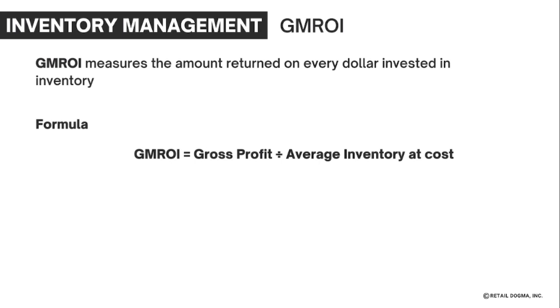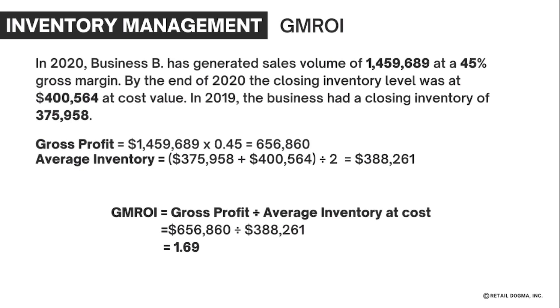So let's apply this formula to the same example we used previously. We mentioned that in 2020, Business B generated sales volume of 1,459,689 at a gross margin of 45%. By the end of 2020, the closing inventory level was 400,564 at cost value. In 2019, the business had a closing inventory of 375,958.